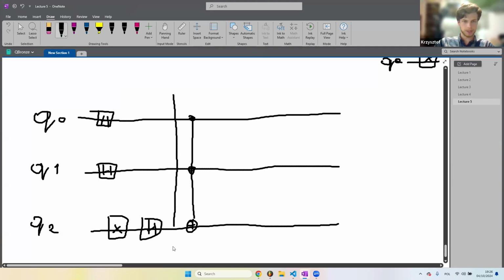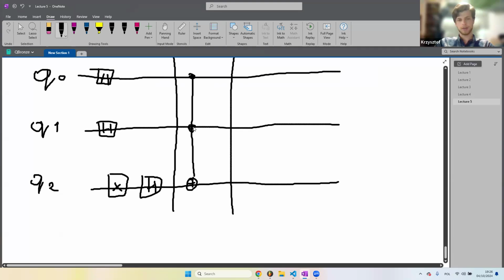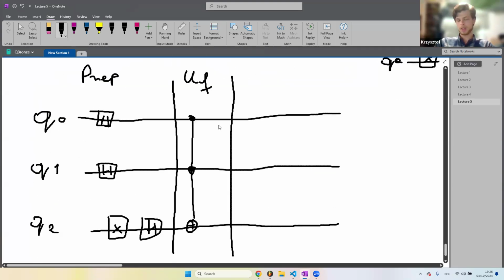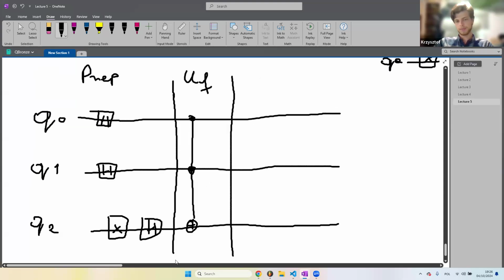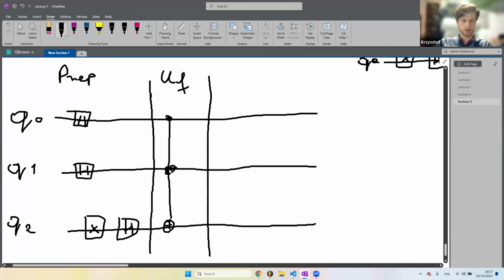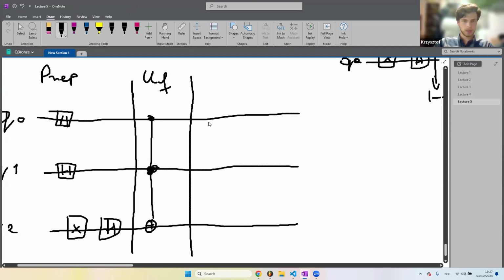So here we have the preparation phase, prep. Here we apply our oracle UF. And for simplicity, once again, in normal conditions you would not know what gate it is. But for our case, we know that this is a double control Z gate.